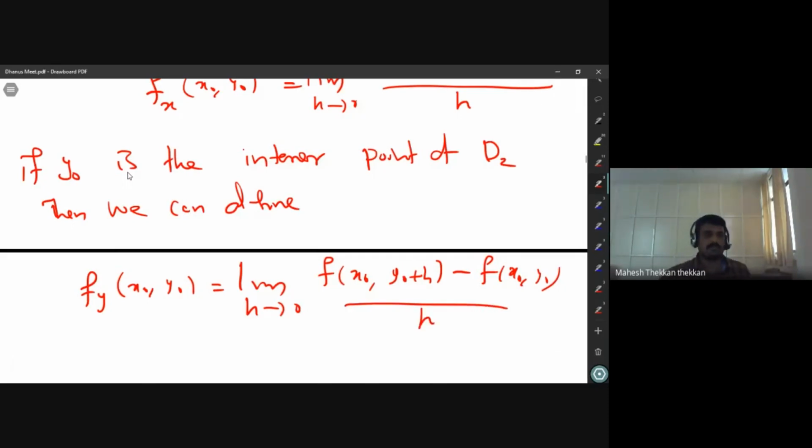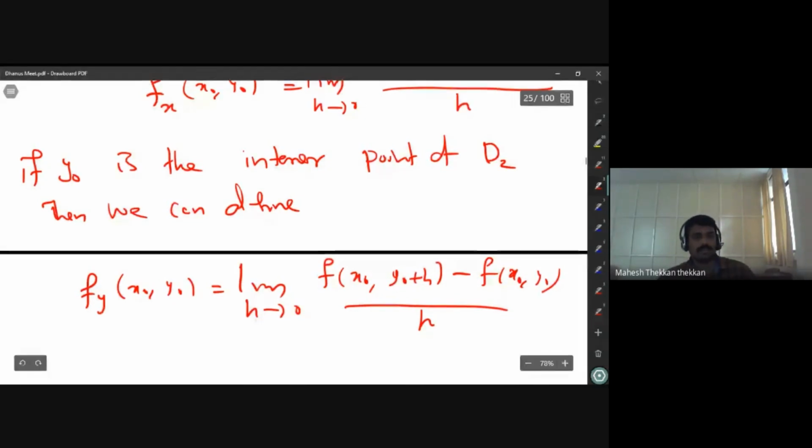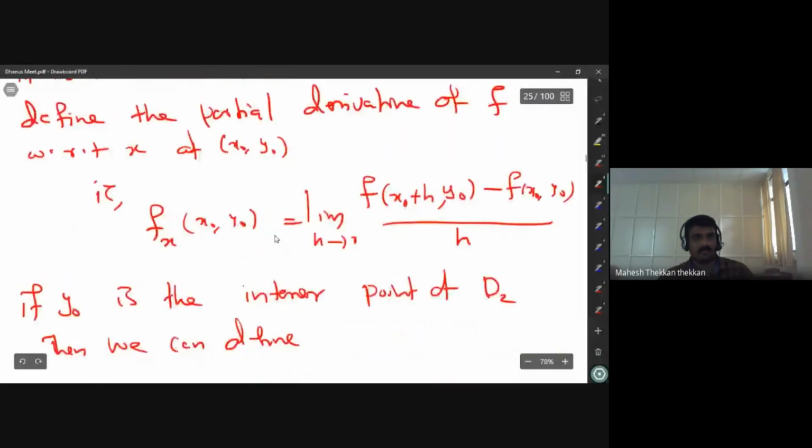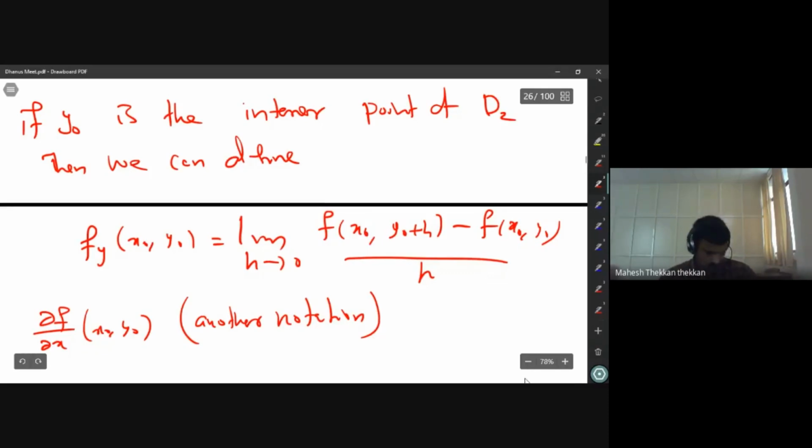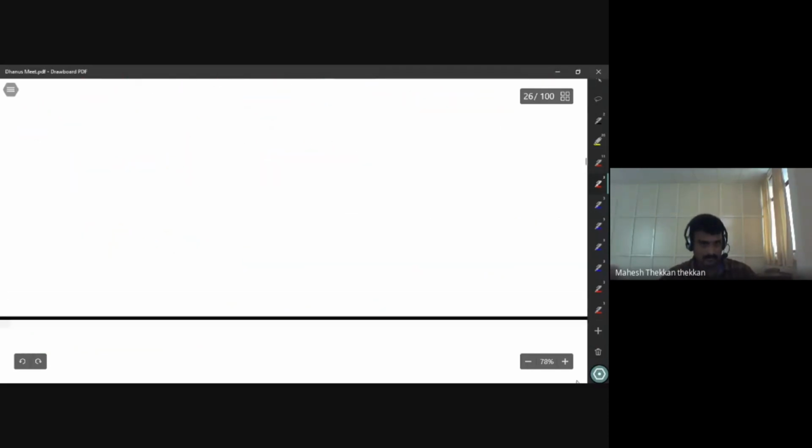This is the partial derivative with respect to y at the point x0, y0. We are looking at the partial derivative at a particular point. So this is the definition. Another notation we will follow is dou f by dou x at x0, y0. Now let me go to some examples.